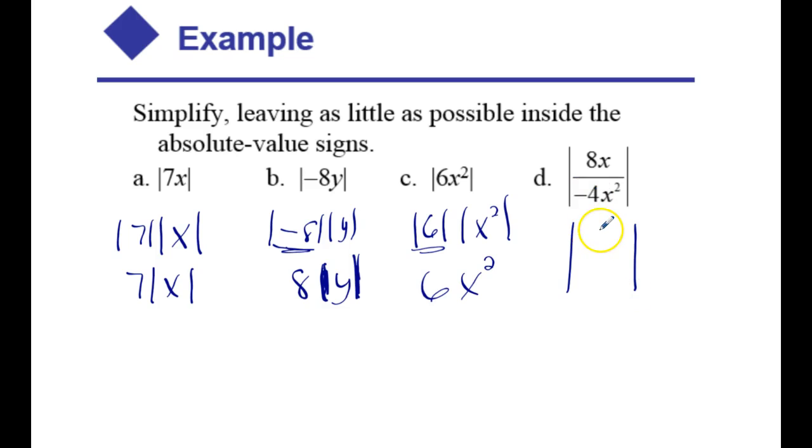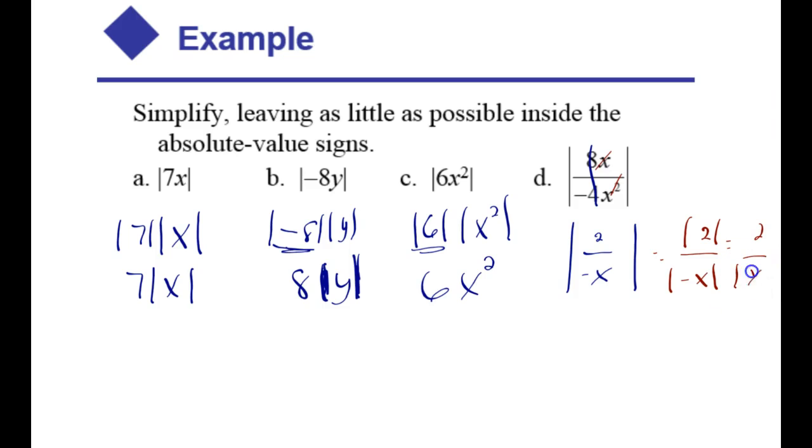So over here I could reduce this first. This becomes 2, because 8 divided by 4 is 2, and a negative x, because when I cancel 1 x up top and 1 x down bottom, I'm left with 1 x down bottom. So the absolute value of 2 certainly is 2. The absolute value of negative x, we've discussed before, is just the absolute value of x.